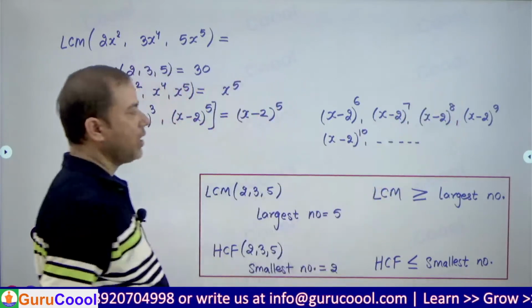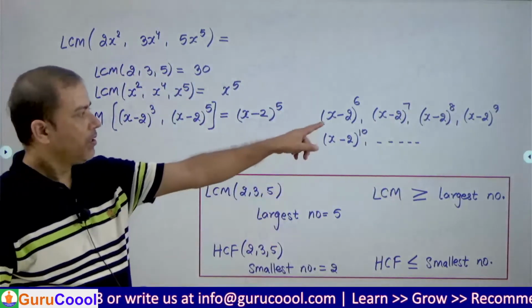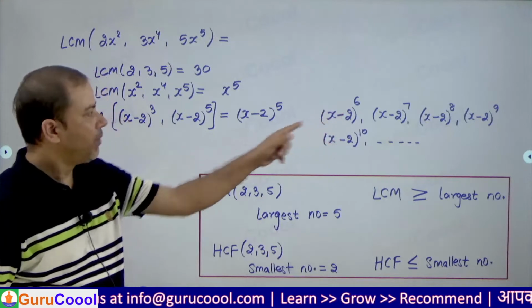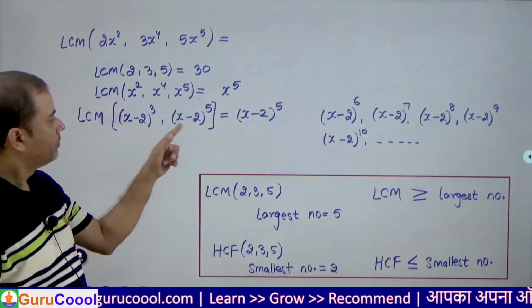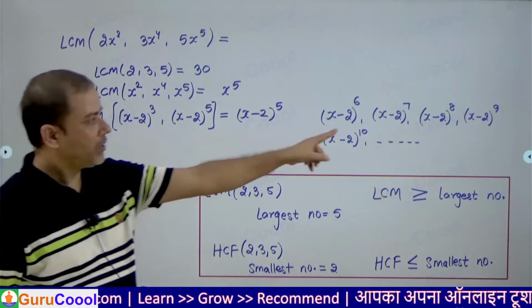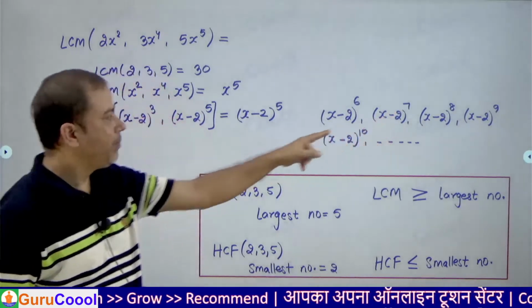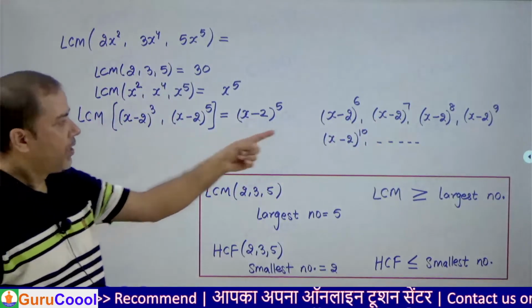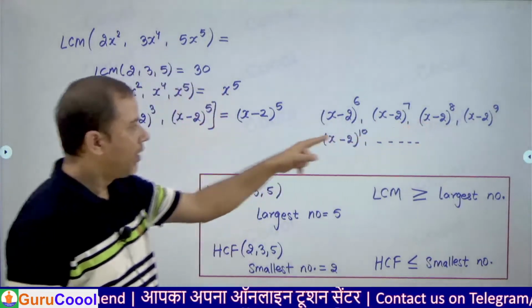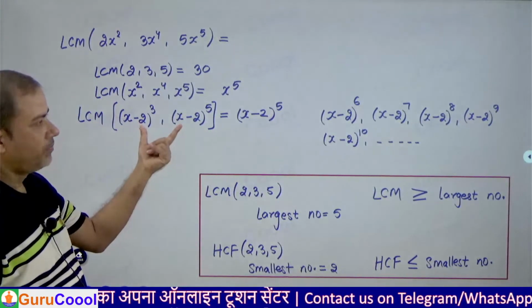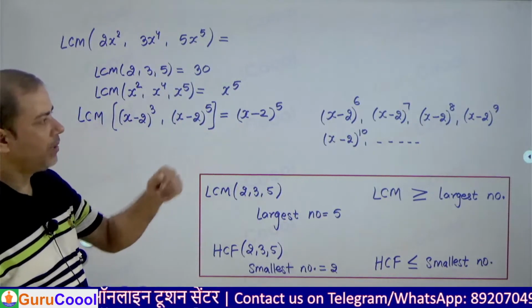All of these are common multiples. X minus 2 power 6 is a multiple of both of these. X minus 2 power 7 is a multiple of both of these. X minus 2 power 8 is a multiple of both of these. See how that is a multiple?